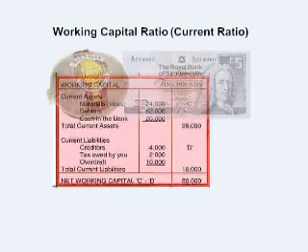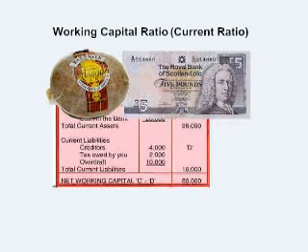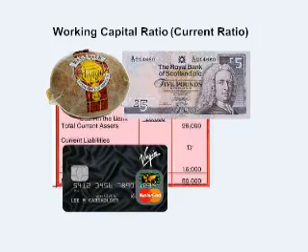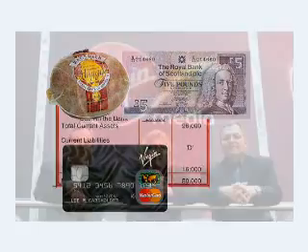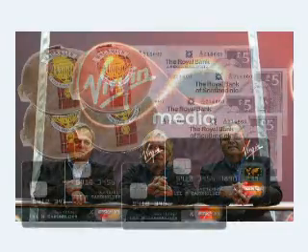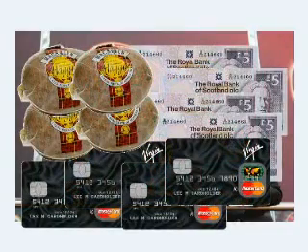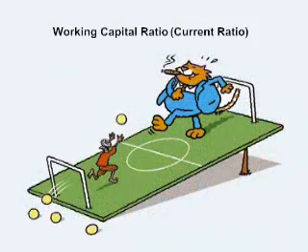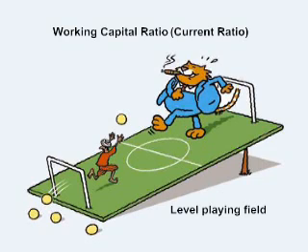Put another way, how many times the value of what you own short term compares with what you owe short term. Working capital will be big for your Bransons and small for your Arkwrights. As soon as we do a ratio, we have a level playing field, and size does not matter.